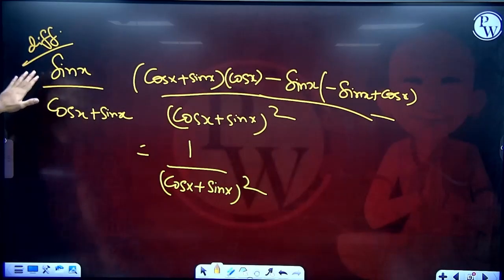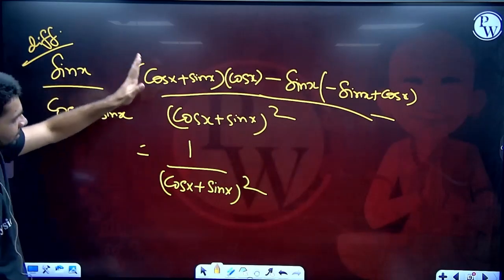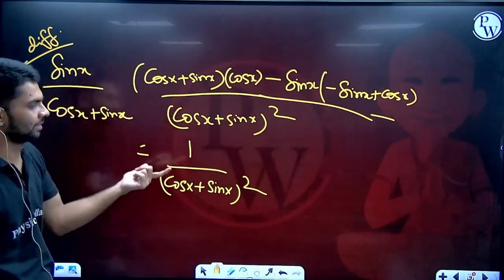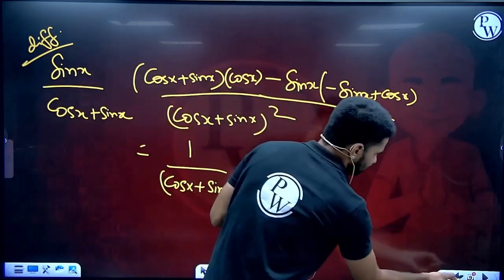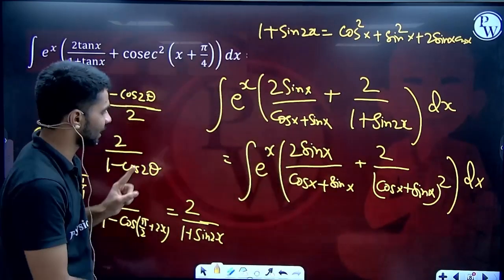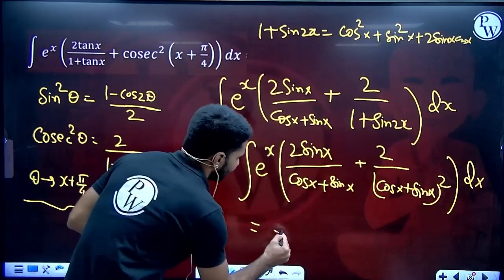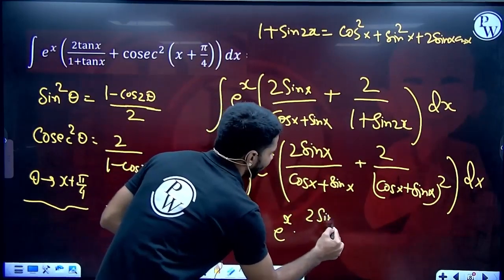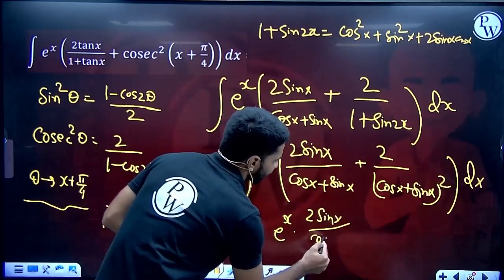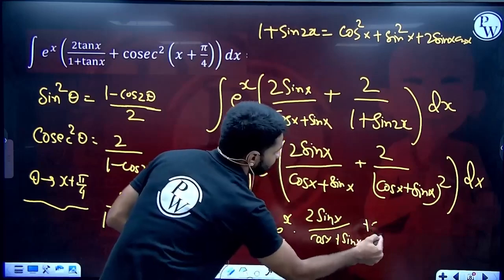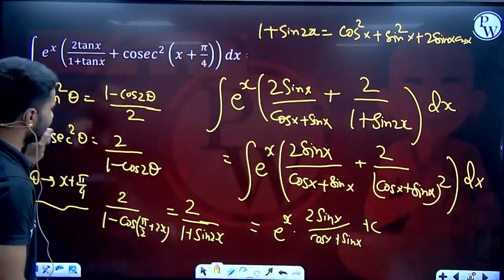So sin x upon cos x plus sin x, if you differentiate it, you will get it as it is. So this is f of x, this is f dash x, so its integration will be e to the power x into 2 sin x upon cos x plus sin x plus constant of integration.